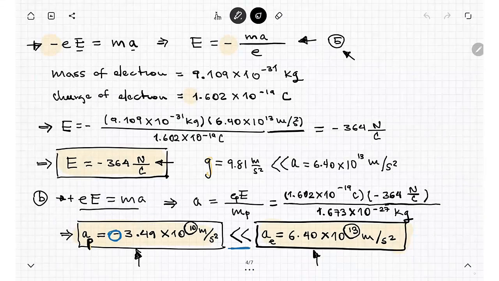Now let's get this part done and find the displacement of the proton. So we already calculated the acceleration. And now we can calculate the displacement along the y-axis.